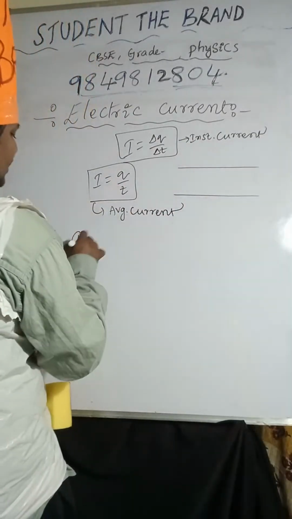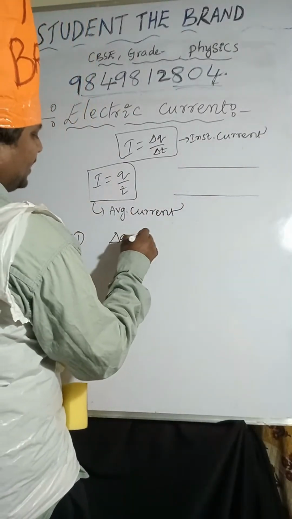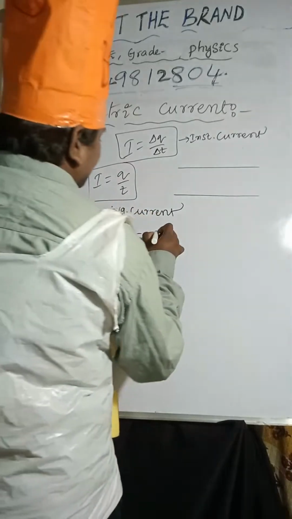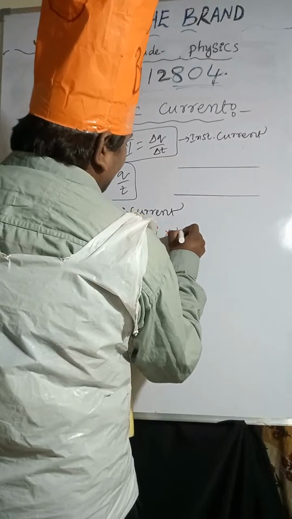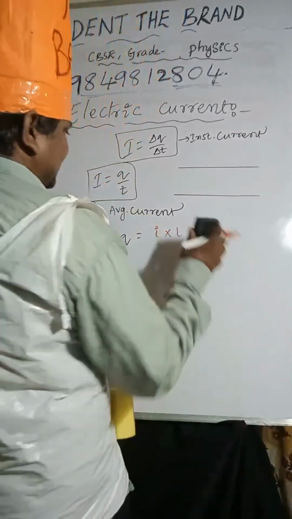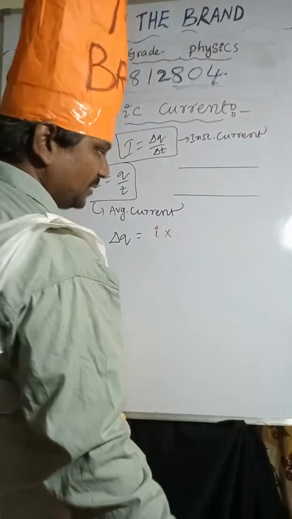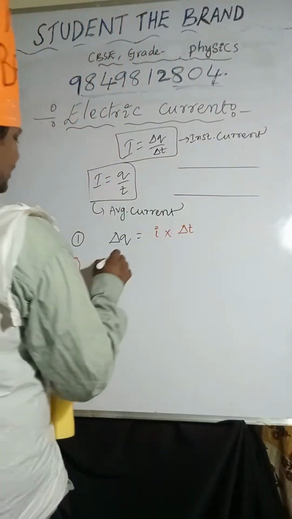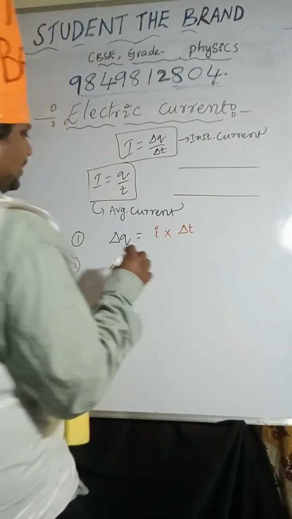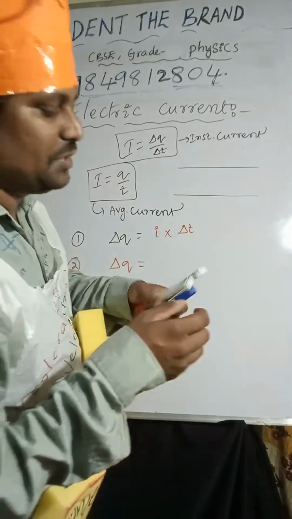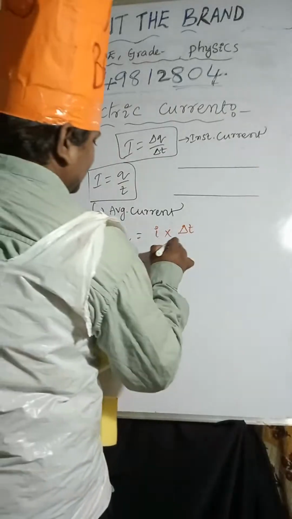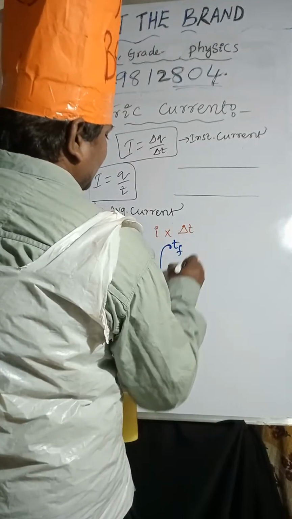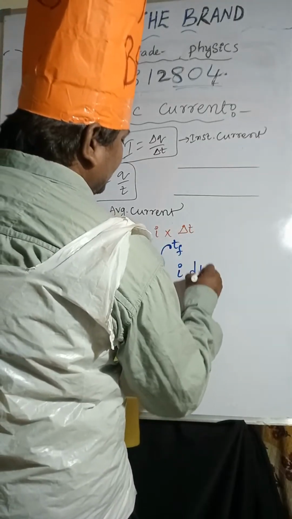The flow of charge can be obtained by multiplying direct current, constant current, with time delta T. Second, if you are taking current as a function of time, from T initial to T final, the charge is the integral of I dt.